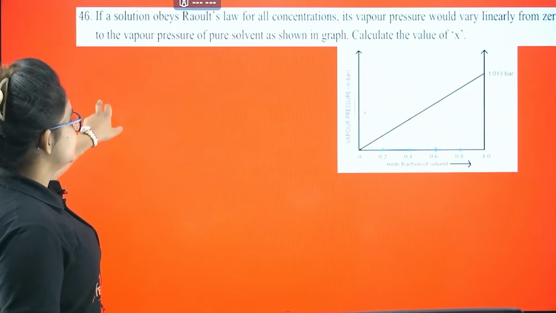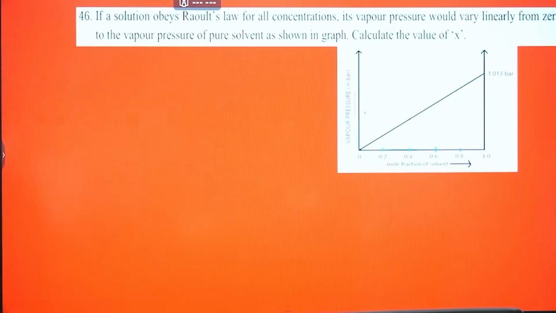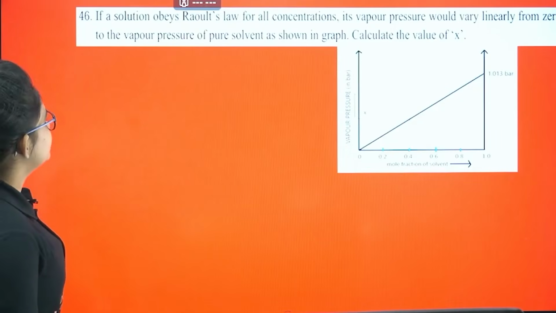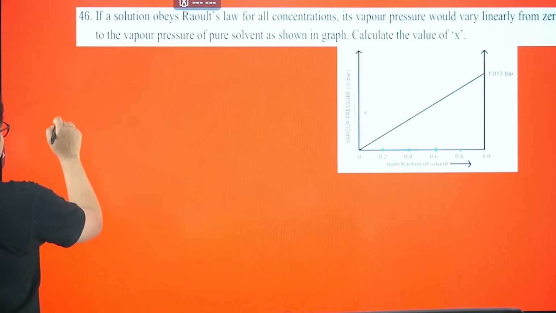Let's proceed. Okay, so here you can see, if a solution obeys Raoult's law for all concentrations, its vapor pressure would vary linearly from 0 to the vapor pressure of the pure solvent as shown in the graph. Calculate the value of X. Okay, fine, so how should I calculate? It's very easy basically.